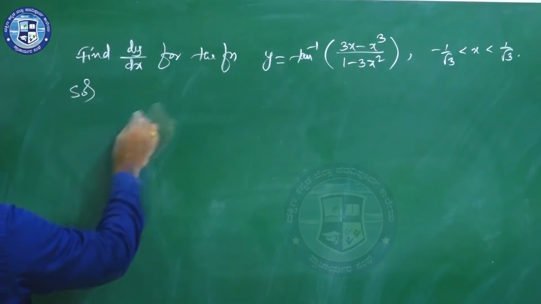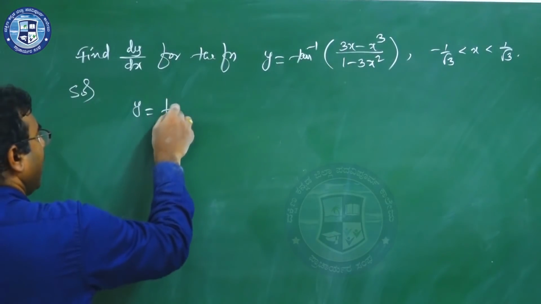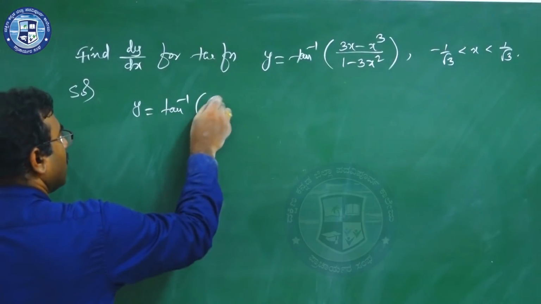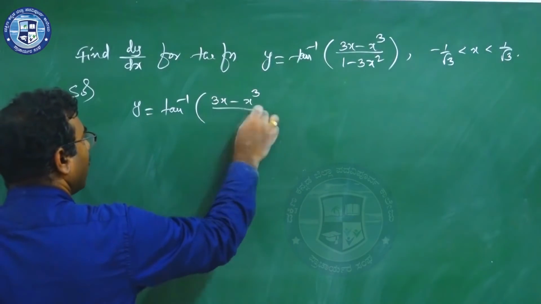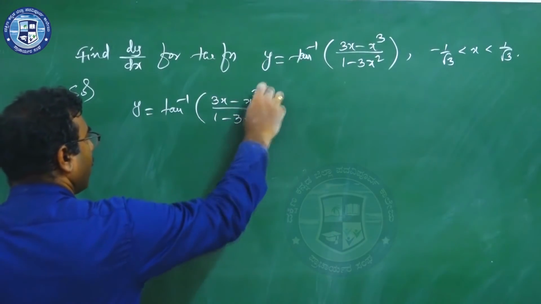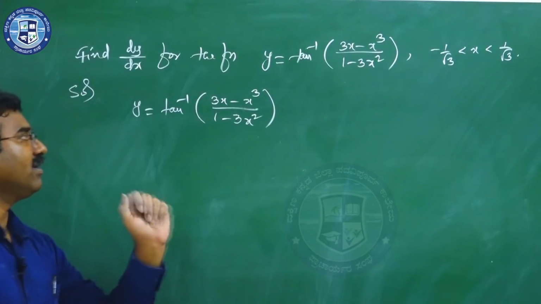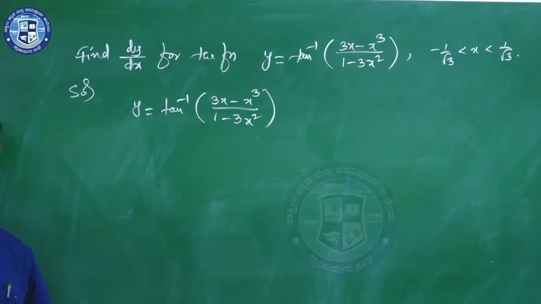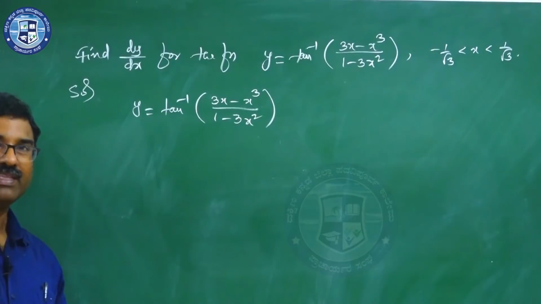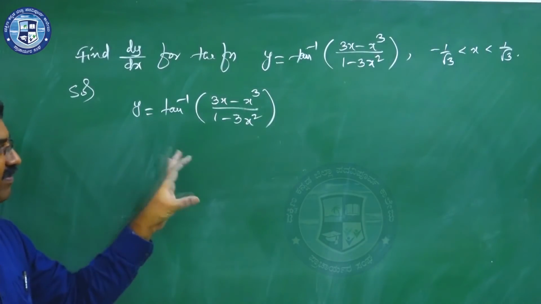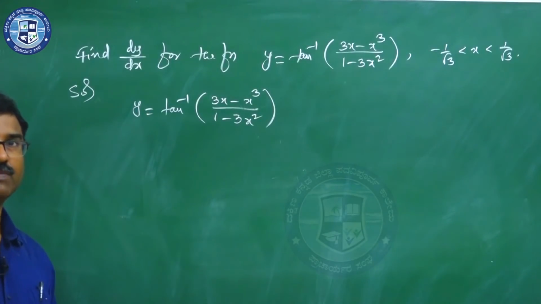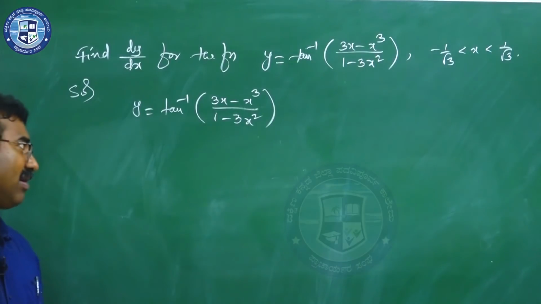See that y is equal to tan inverse of 3x minus x cube by 1 minus 3x square. So whenever you are getting an inverse trigonometric function, first you check whether it is possible to simplify or not.